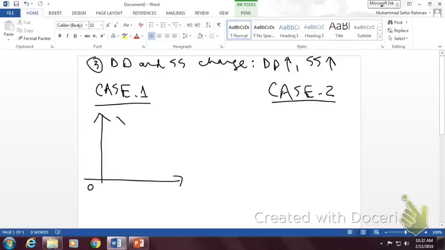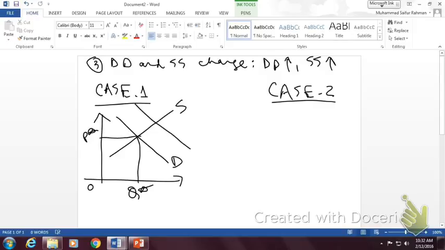The first one that I'm going to look at is, we'll always start with the original market equilibrium. So that's P star and Q star, D and S. Okay, the first one that I'm going to consider is where the demand curve shifts to the right and the supply curve shifts to the right as well, because both demand and supply increase, but the shift in demand is greater than the shift in supply.